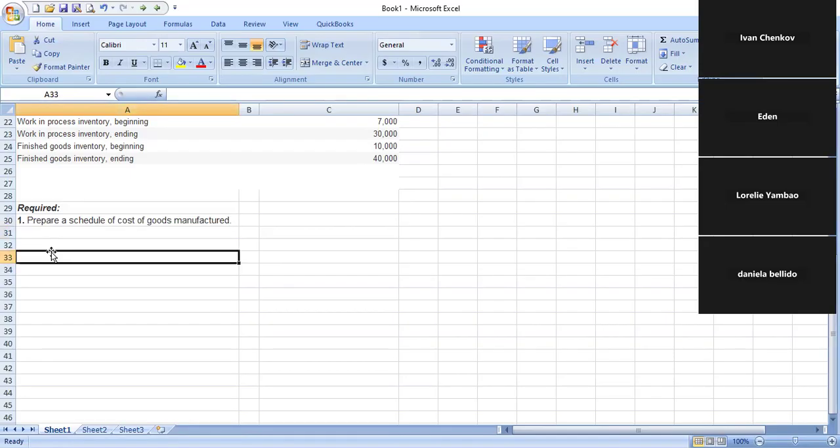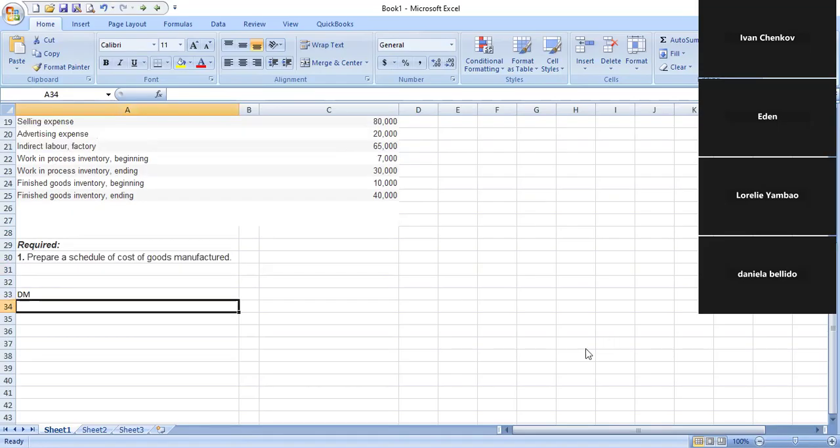We're going to have direct material. Actually, the first one will be the direct material, raw material inventory, beginning balance. Then we're going to have the purchases.